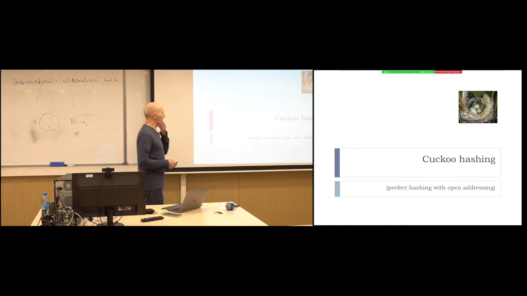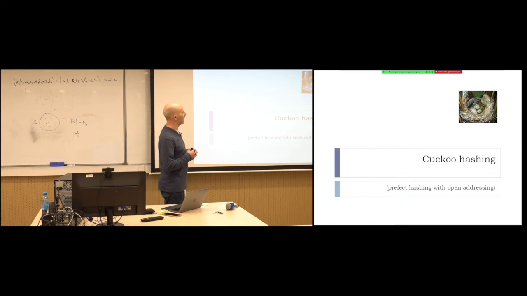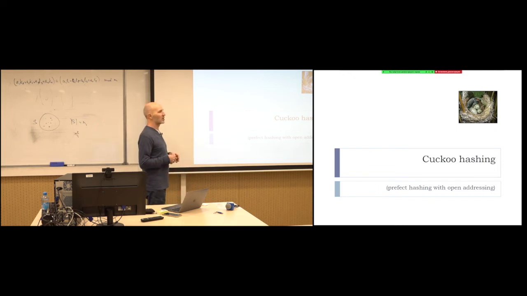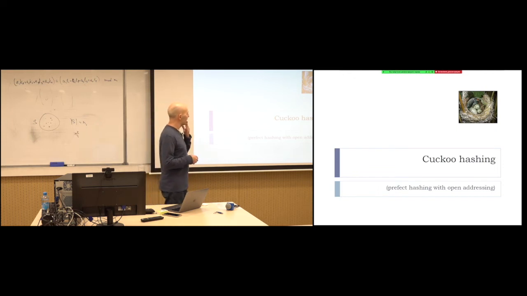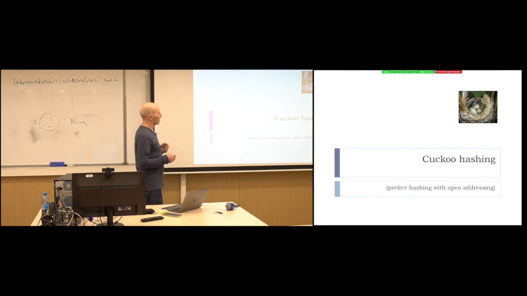Okay, Cuckoo Hashing. This is a very elegant and very nice hashing scheme, which can also be seen as a perfect hashing because lookup will be worst case constant time. But there is also some price to pay. I'll tell you in a minute what this price is, but there is no miracle, of course.